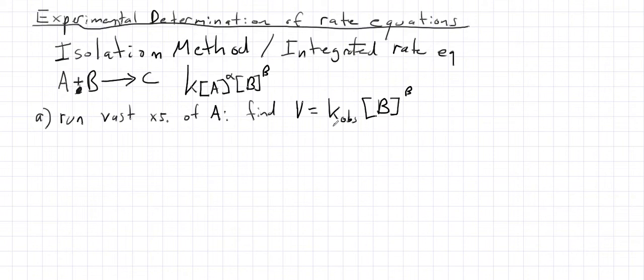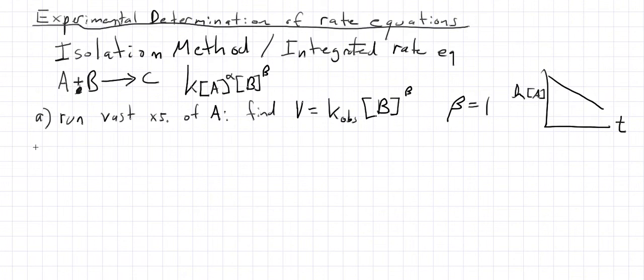We could graph this, and if a log concentration versus time graph is linear, then it's first order in B. Imagine we do this and find that beta is equal to 1. Great, because we graphed the log of concentration versus time and got a straight line. So now we know that beta is equal to 1.